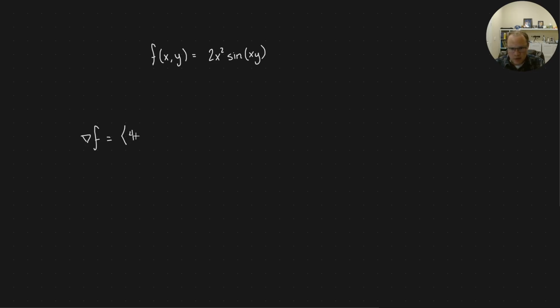So I get 4x sine xy plus 2x squared y cosine xy. That's the partial derivative with respect to x. And now partial derivative with respect to y, I get 2x cubed cosine xy.